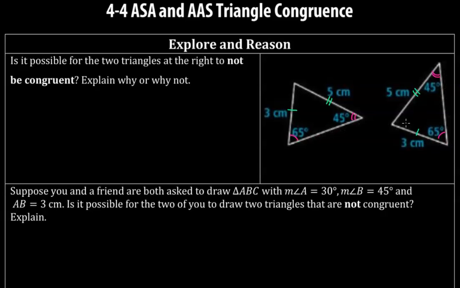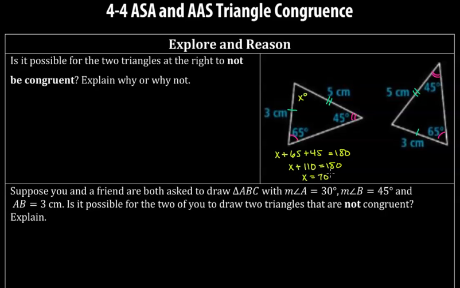Well, let's think about these 2 angles here. Let's call this one up here x degrees for now. Let's figure out what that would be, because we know these 2 angles are 65 and 45, and we know that all 3 of them have to add up to 180. So x plus 65 plus 45 has to equal 180. So x plus 110 has to equal 180.